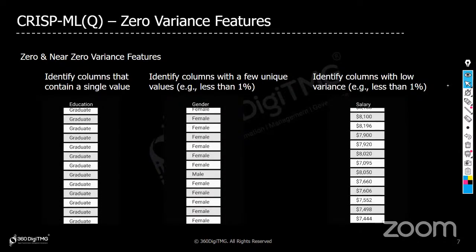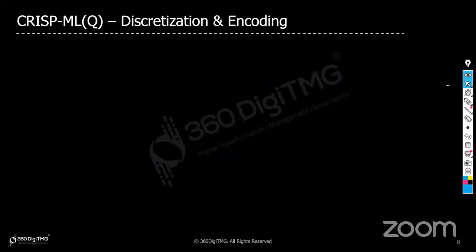Coming to the next one, what is the next one? The next one is discretization and encoding. What is discretization and what is encoding? Discretization is, there are some machine learning algorithms which expect your data to be categorical only, just like decision trees.